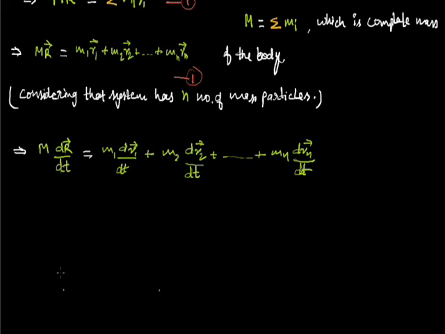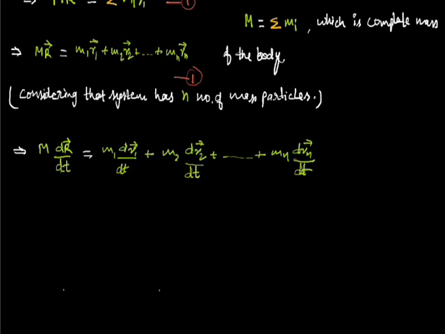As we know, R expresses the position of the center of mass with respect to origin, and if the position of that center of mass changes with respect to time, it means the term dR by dt will be the velocity of the center of mass. Similarly, the terms dr1 by dt, dr2 by dt, these all will be the corresponding velocities of the mass particles, or you can say the change in their position with respect to the origin.